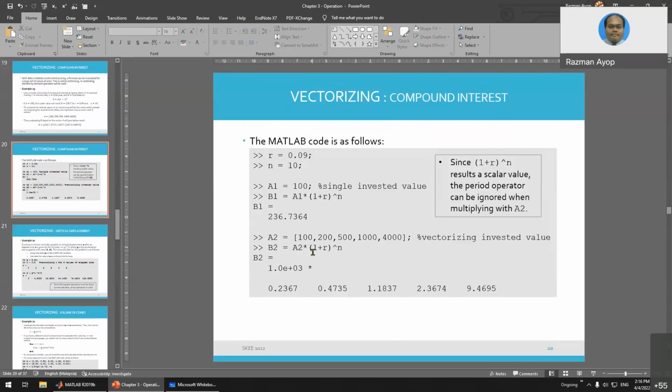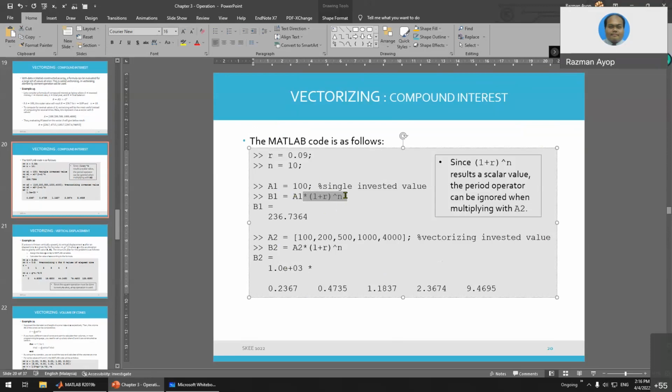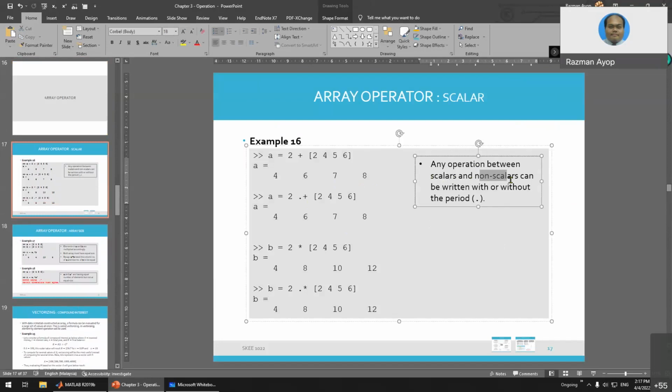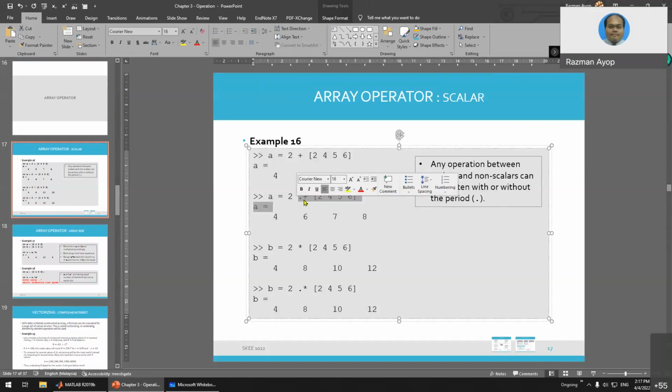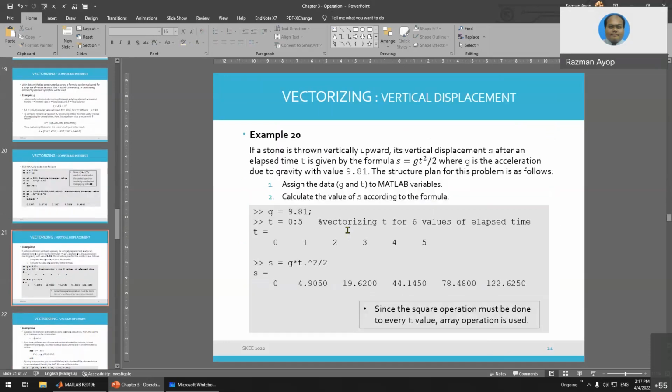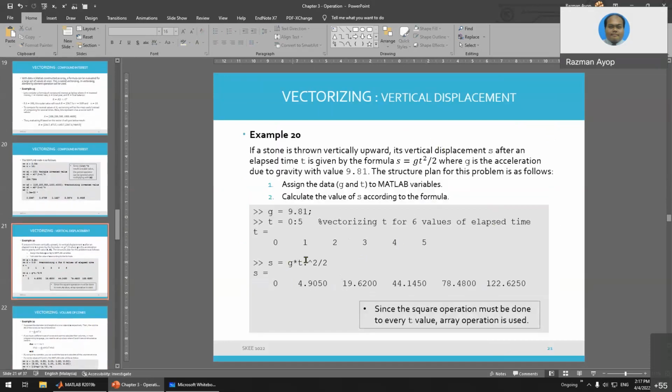Before this, no need to worry because all of the components were scalar. Remember, when you multiply a scalar with a non-scalar, you don't need to worry about the dot, whether you put it or not. But for this second problem, vertical displacement, it is non-scalar with non-scalar, so you have to use the dot.